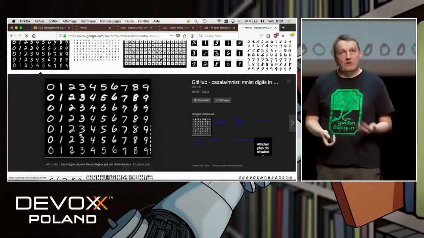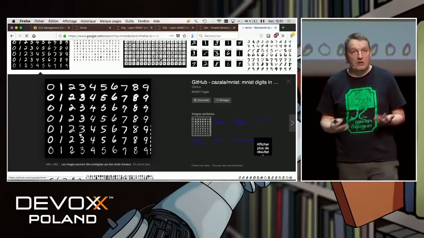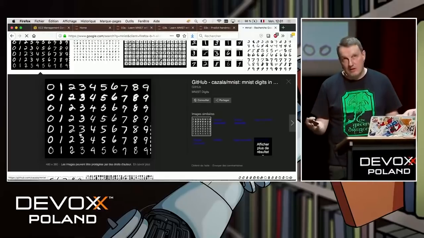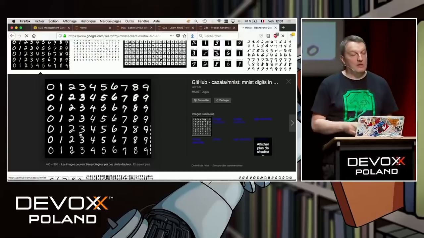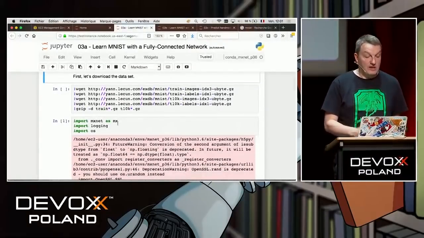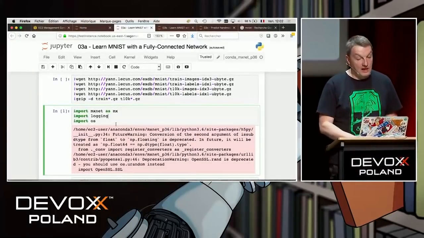So 70,000 handwritten digits, 0 to 9. And obviously the game is to learn to classify those images in the right category. They're black and white images, 28 by 28 pixels. So the first thing I'm going to do is download the data set that is already split in training and validation.